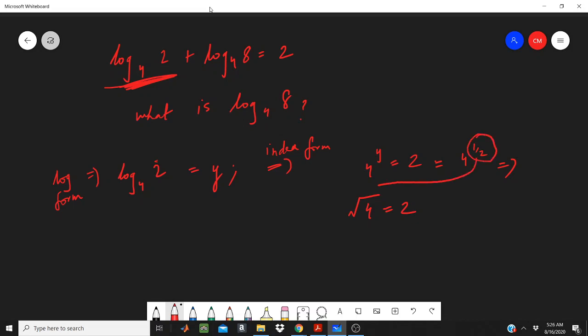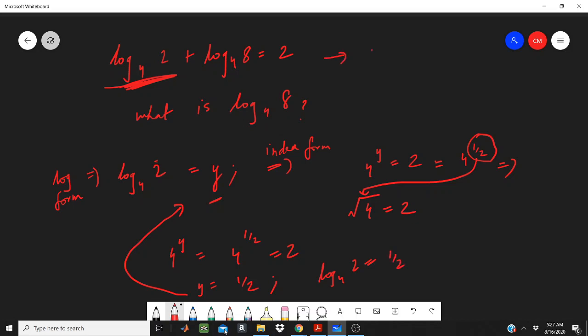Don't get confused by this. This half is just a square root. So 4 raised to power y is just 4 raised to power half, which is 2. Copying things down from here, we see that y equals half. So log base 4 of 2 computes this y, and log base 4 of 2 is half.